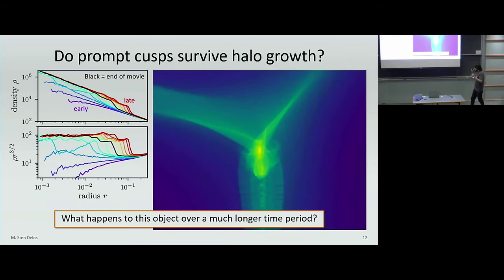Okay, so I talked about how prompt cusps form, how they arise from peaks in the density field. But you might wonder, do they actually survive? Are they relevant? Well, this is the picture I showed you before, but what happens to this object over a much longer time period?